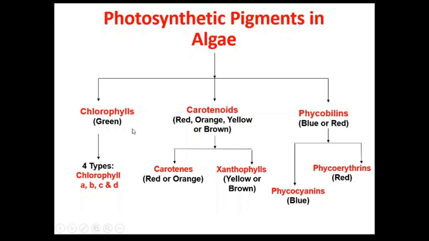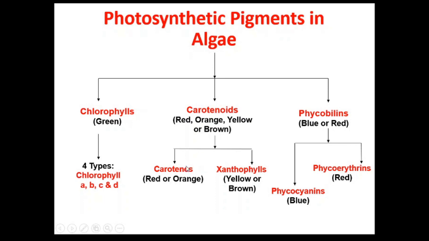Now the chlorophylls are mainly the green pigments, which are of four types, that is the chlorophyll A, chlorophyll B, chlorophyll C and chlorophyll D. So in chlorophylls we have just four types of chlorophylls, A, B, C and D. In the carotenoids we have two groups.